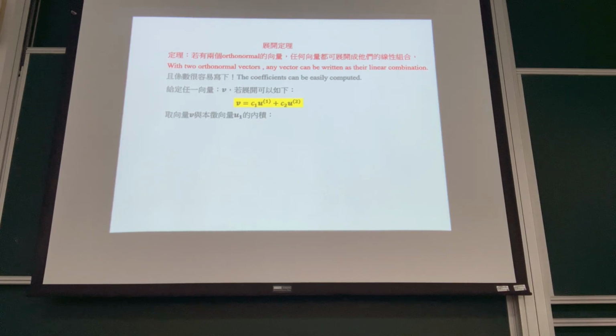You may say, so what? Yeah, this is important, let me tell you. Because with this kind of orthonormal vectors, I can easily decompose any vector in terms of a linear combination. Oh, I have used this already before, right?